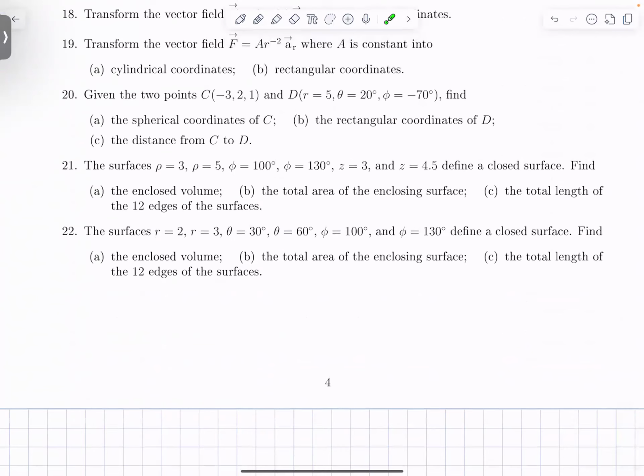So problem 22. First of all, in your handout, there is a typo in problem 22. Can you fix that? These are the surfaces, so it might be a little different in your handout. There's a typo, so you should fix that first.